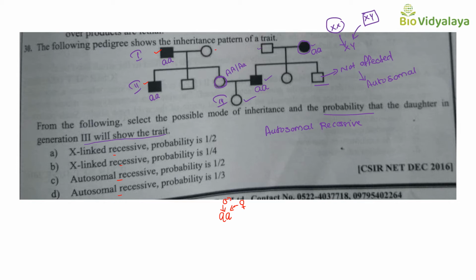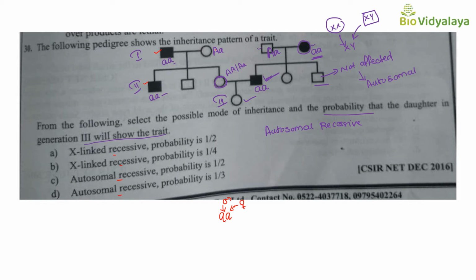We know the genotype of this father, and this son is affected, that's why this mother is heterozygous. Here also this son is affected, that's why this father is heterozygous. This mother is homozygous recessive.